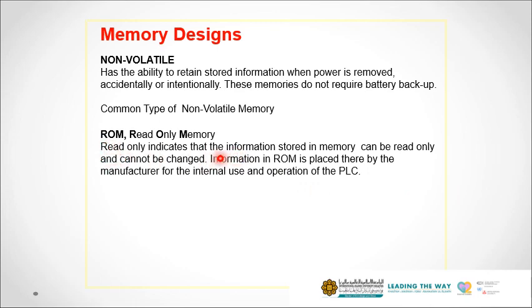For example, whenever you write a program, unless you overwrite it, the program will remain there even if you turn off the PLC system, which you will experience in your lab course. You will see that even if you turn off the power, the program will remain there. This is because it is an EEPROM system, so it is non-volatile.